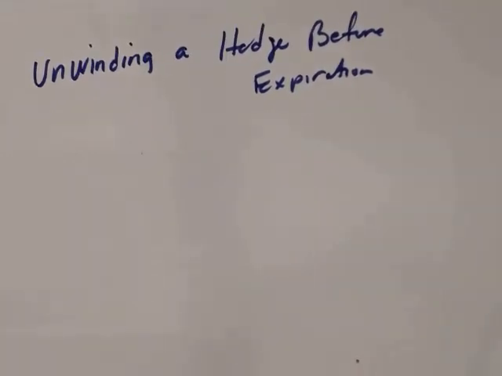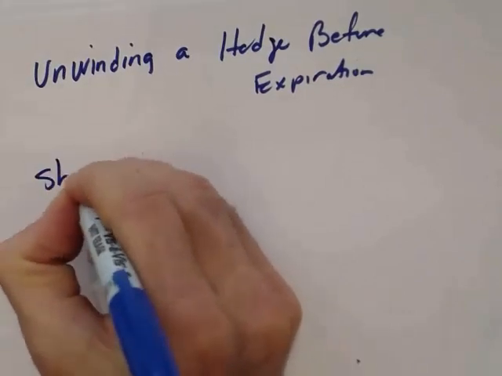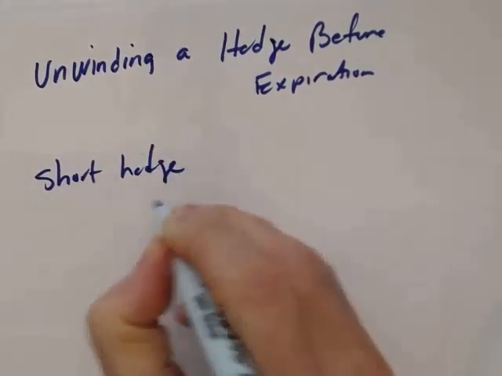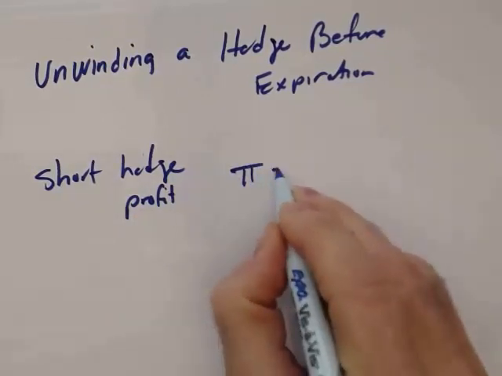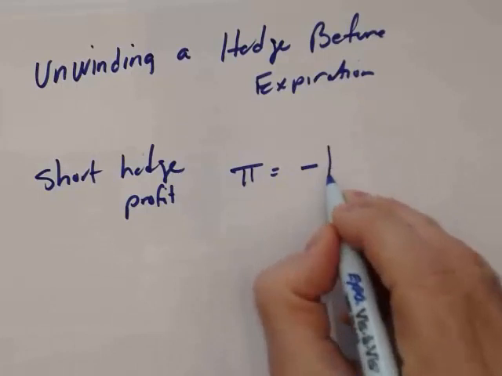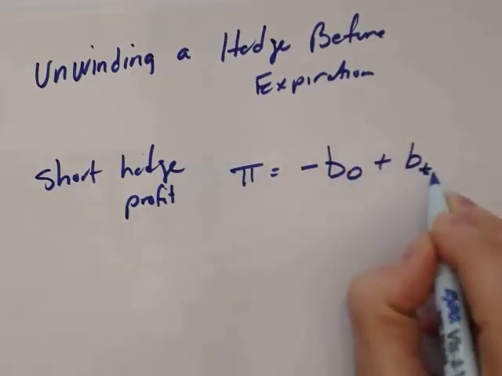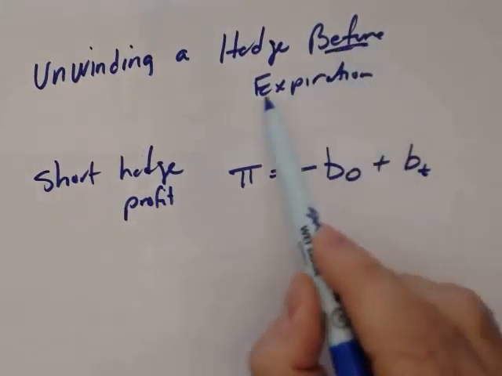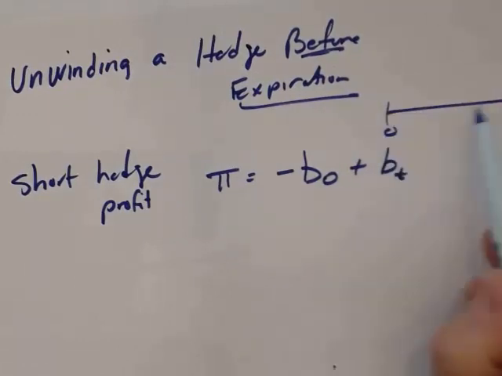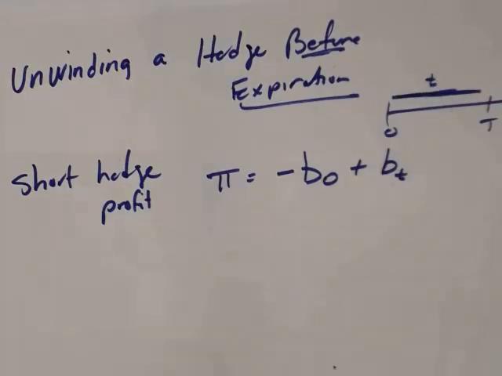It turns out that for a short hedge, if you unwind before expiration, the profit can be written in terms of minus B_0 plus B_t, a little t. Notice it's not a capital T because we're unwinding before expiration. Again, before capital T, we're unwinding somewhere here at time little t.